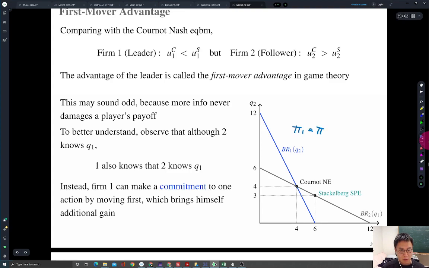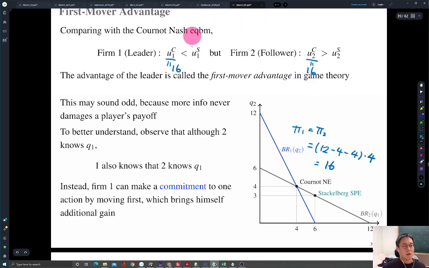Firm 1's profit will be the same as firm 2's, which is going to be 12 minus 4 times quantity produced, which is 16. So payoff in Cournot duopoly for firm 1 and firm 2, both of them amount to 16.